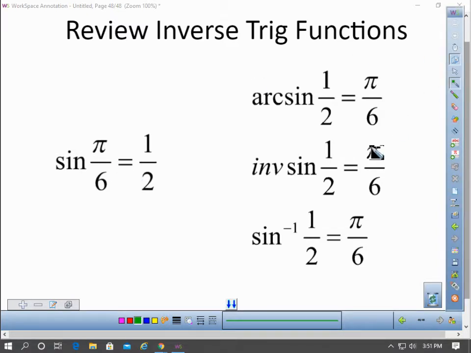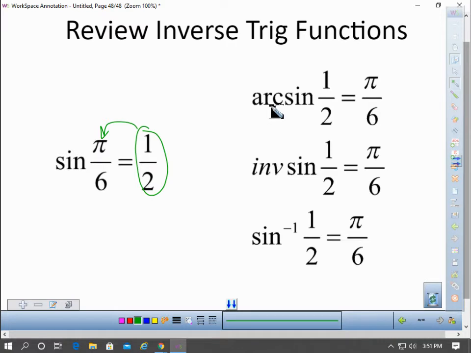So you would be starting with the value that you get off the unit circle. So you would be starting with the 1/2, and you have to get the pi over 6 back, okay?